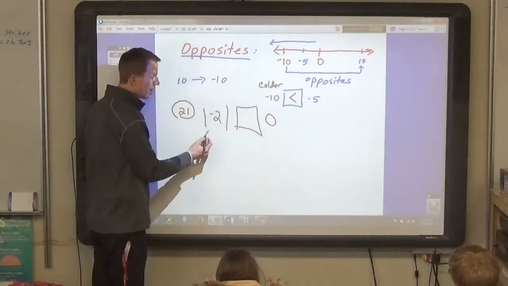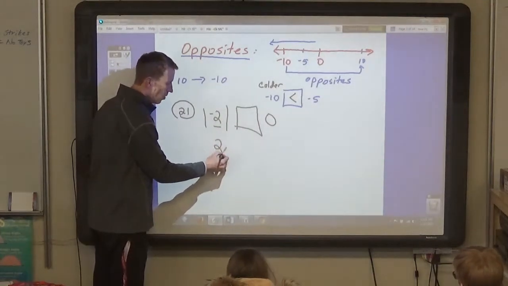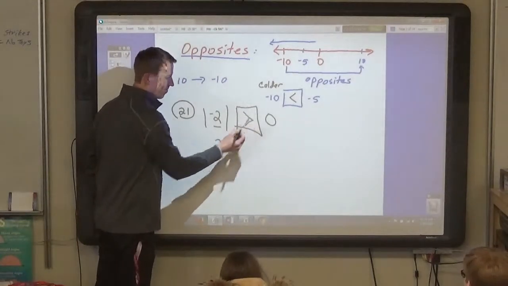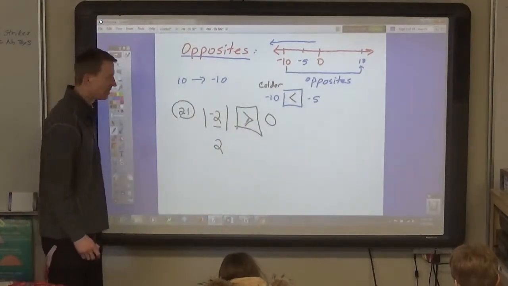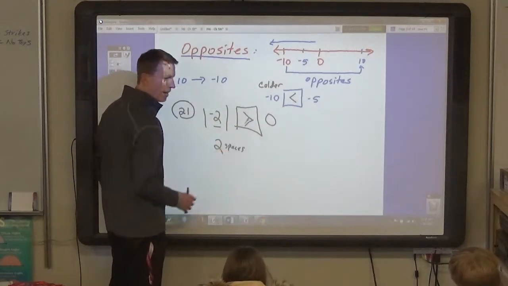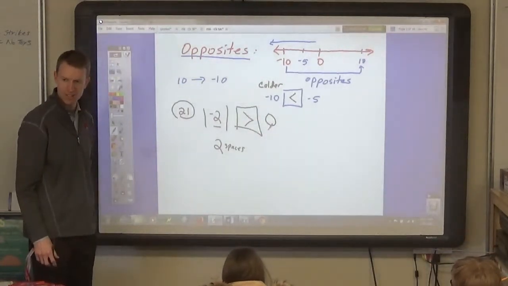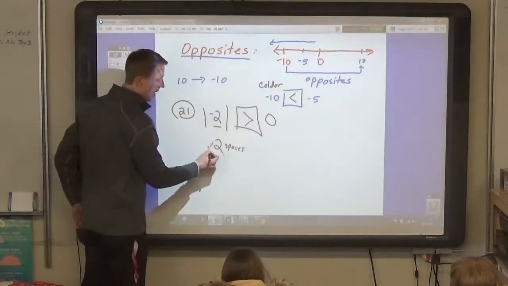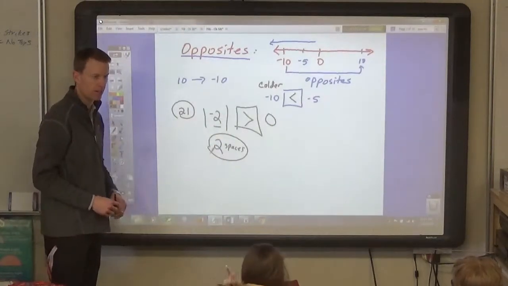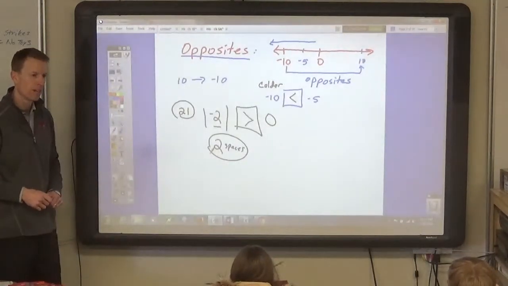The absolute value equals 2. Yeah. And how does that compare to 0? Since we're talking about 2 spaces, that's greater than 0. This has a value of +2 because it's talking about the spaces. It's the absolute value of that number, and that's more than 0. Okay?